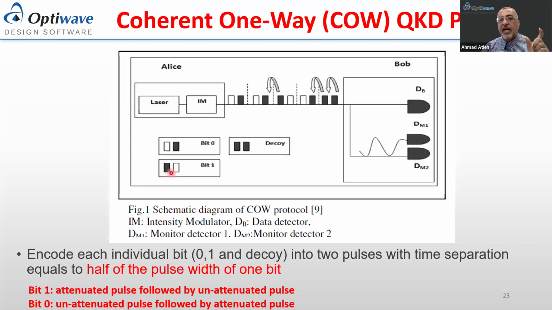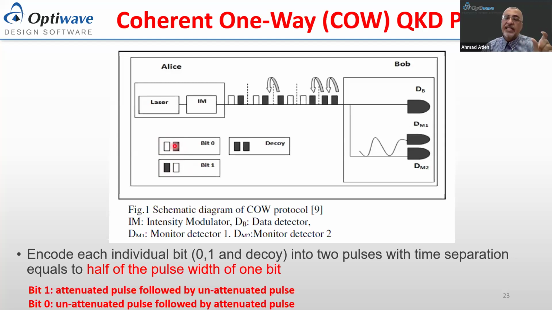Let's say the bit rate is 1 gigabit per second, then the bit period is 1 nanosecond. So within 0.5 nanosecond, you send an attenuated pulse followed by a full pulse for bit one, and for bit zero you send a full pulse within the first half bit period and an attenuated pulse in the second part.